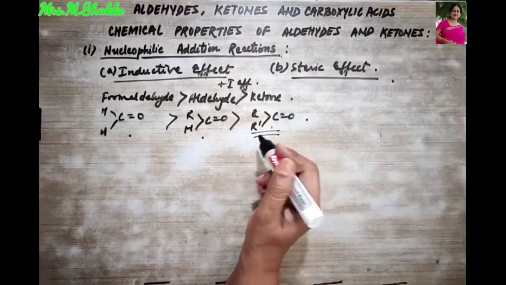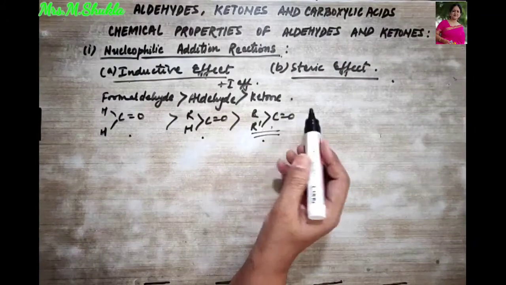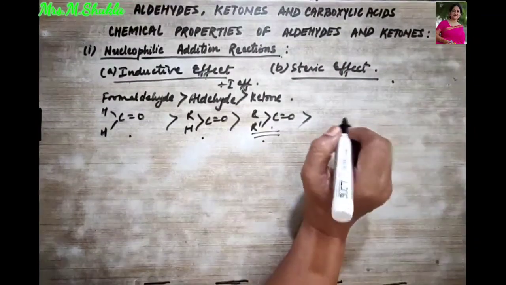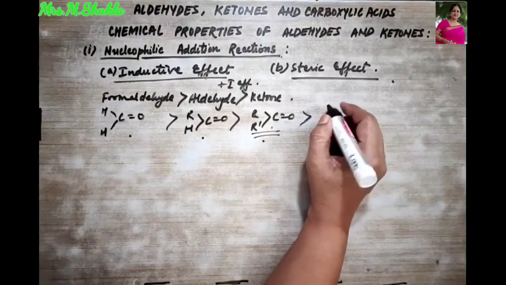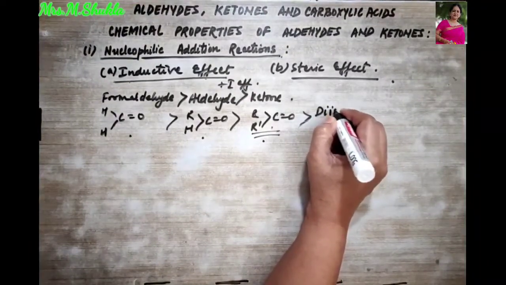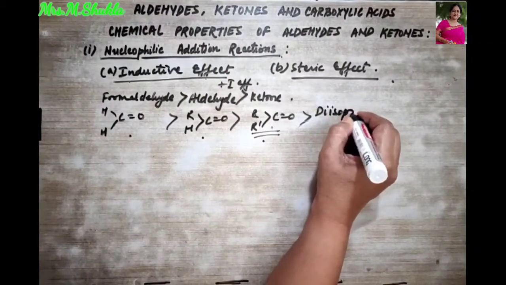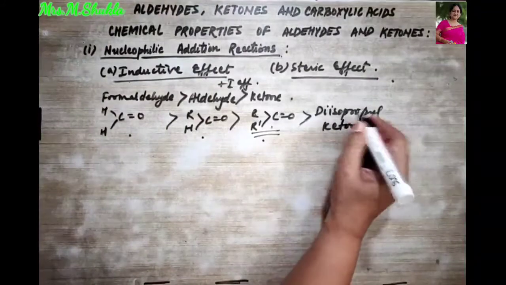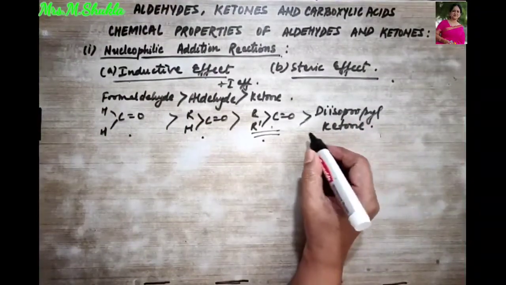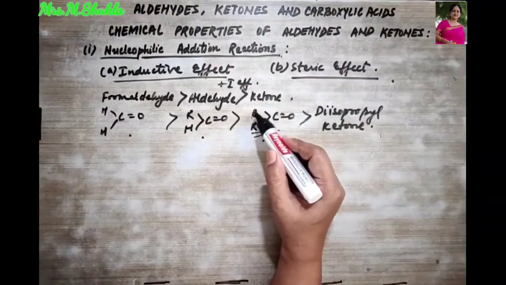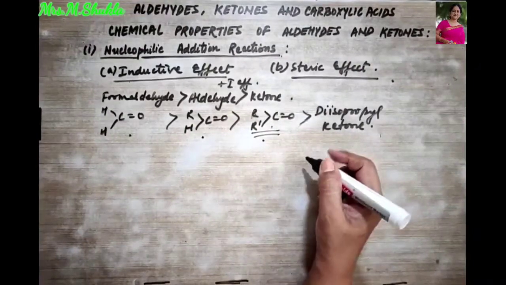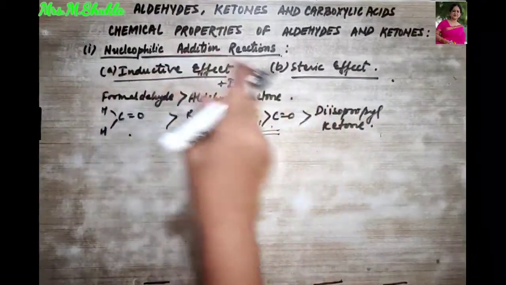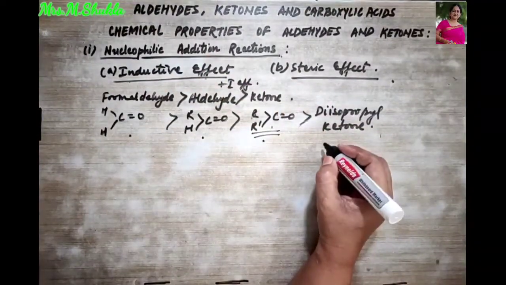Now, if you want to further see beyond ketone, we will also see that diisopropyl ketone is still less reactive. Now, what is diisopropyl ketone? Let me just show it to you, where you are going to find more of the alkyl groups present over here. So the steric hindrance is more, and therefore it shows less reaction towards the nucleophilic addition.